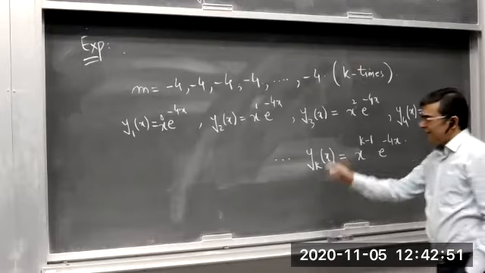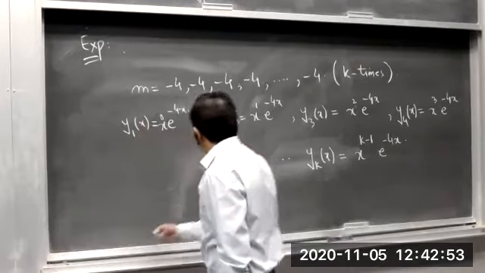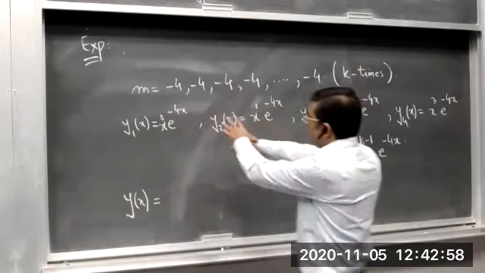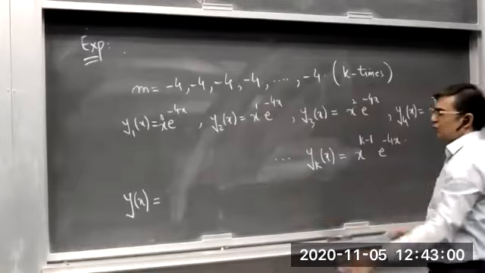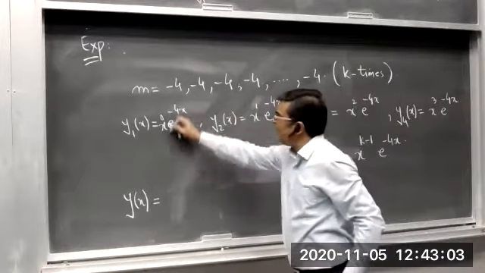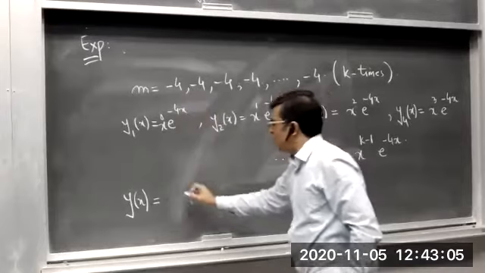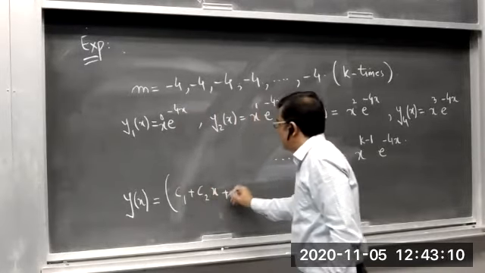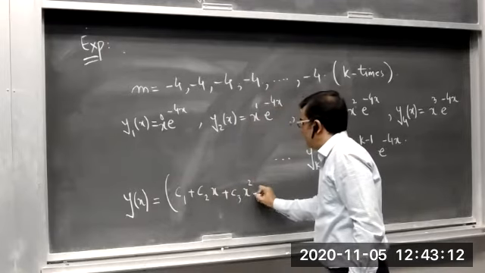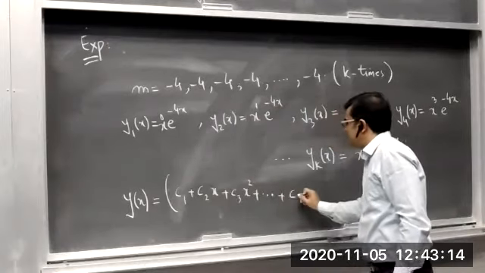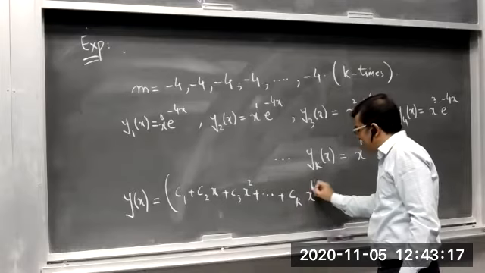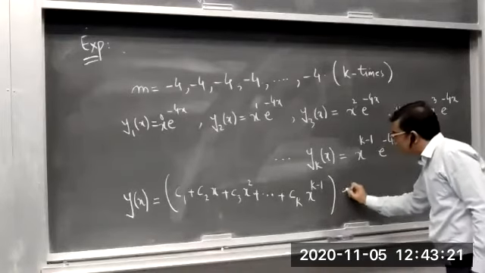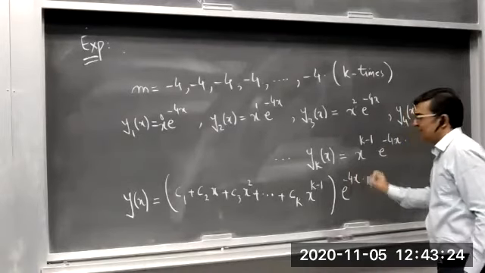And in this case the general solution will be of this form: y of x is equal to the linear combination of all these solutions. And after taking e raised power minus 4x common, what do we obtain? We obtain c1 plus c2x plus c3x squared plus so on plus ck times x power k minus 1, times e raised power minus 4x.